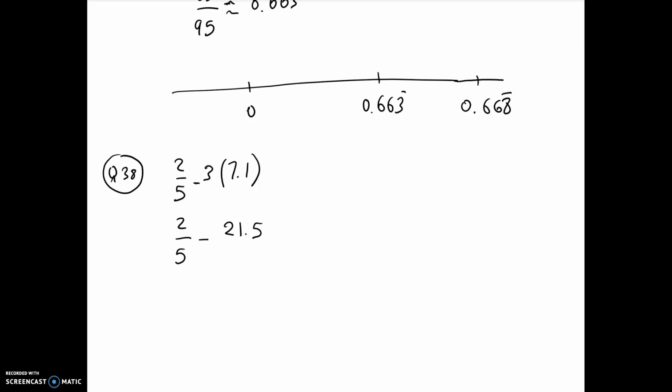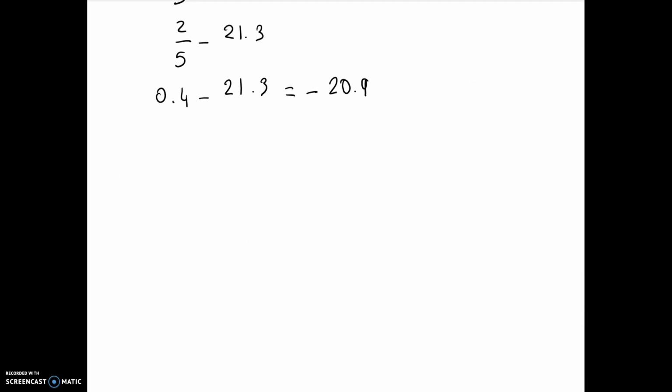Now, what is 2 divided by 5? It's 0.4. So we have 0.4 minus 21.3. Note that 3 times 7.1 is 21.3, not 21.5. And the answer is going to be negative 20.9. All right, that was for problem 38.